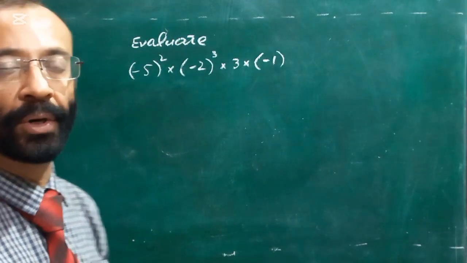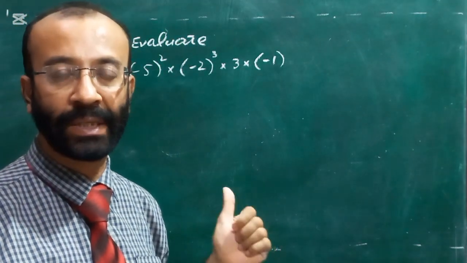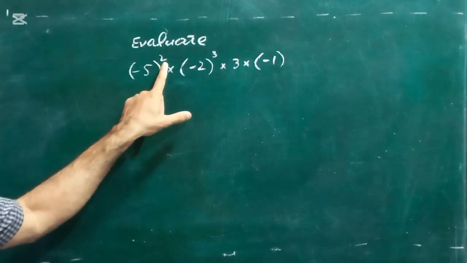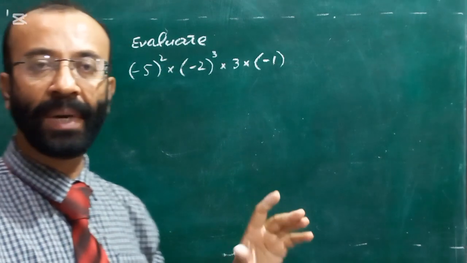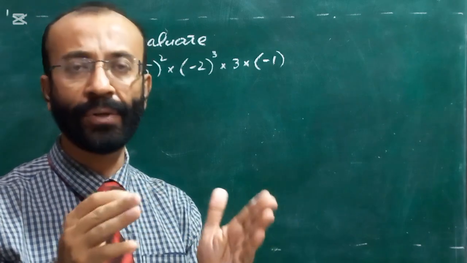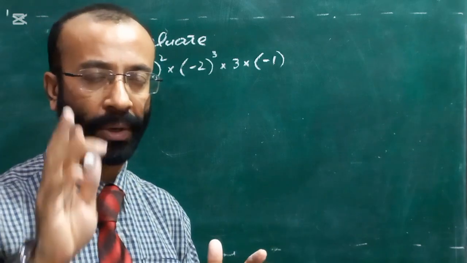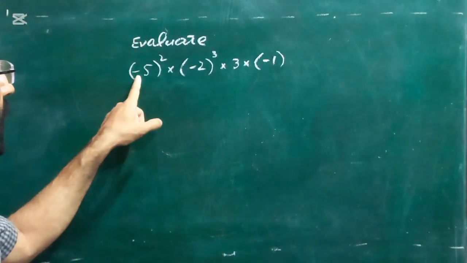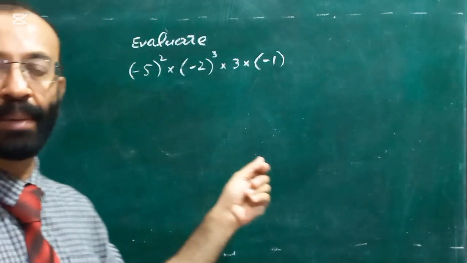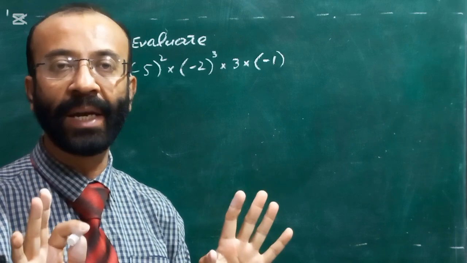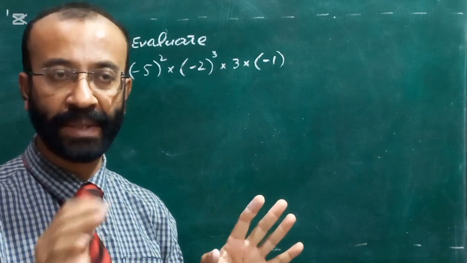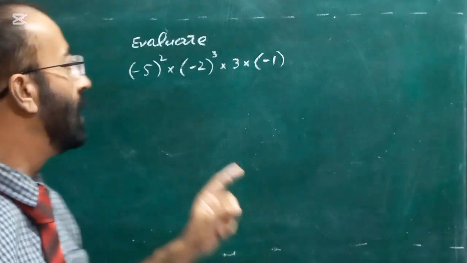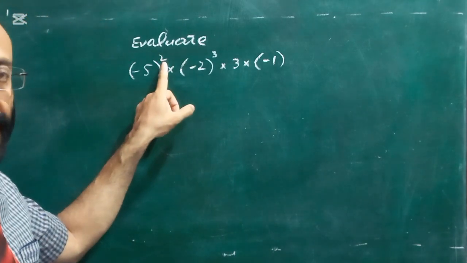Here is another important question. Another important concept is going to be applied. So remember, even numbers are 0, 2, 4, 6, 8 and so on. If the power is even, the sign from the bracket will come out positive. Either the bracket has a negative sign or a positive sign, the sign of the answer will be positive if the power is even.